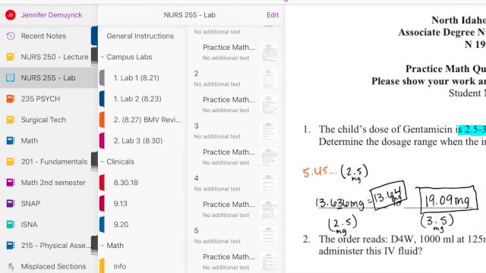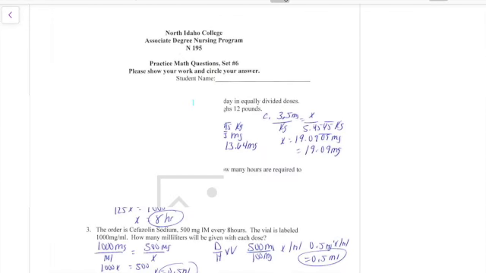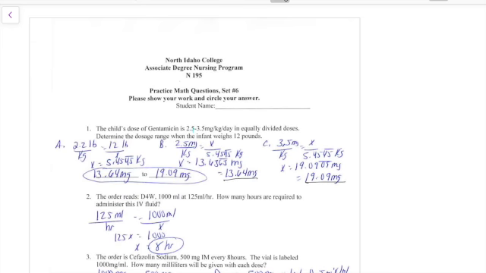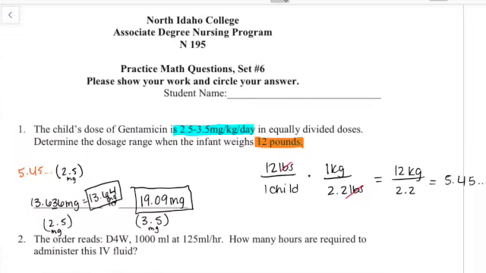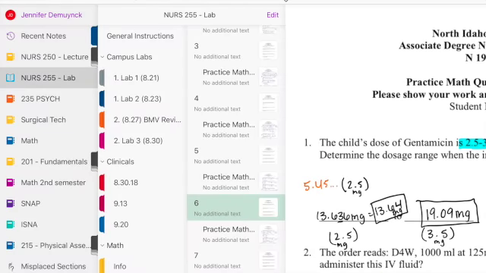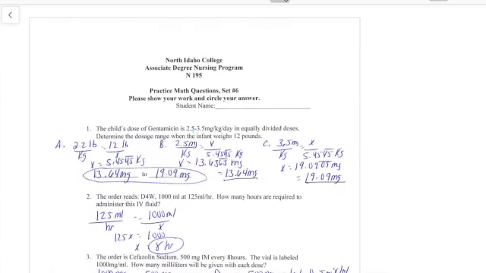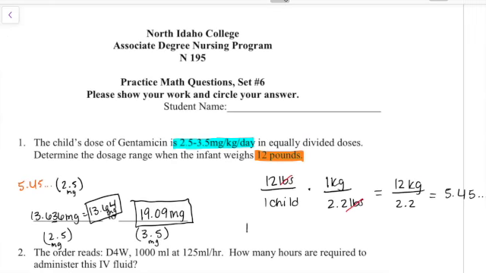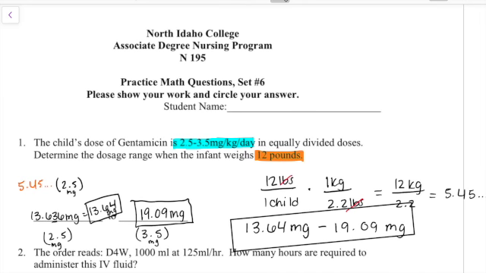Double check that that's correct. Yes, it is. So the dose range, how you'd write it is 13.64 milligrams to 19.09 milligrams is the dose range.